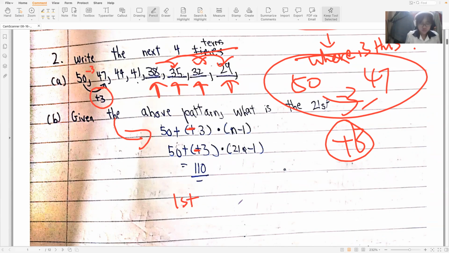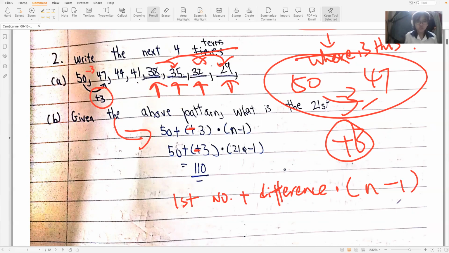First number plus the difference. So what's the difference in this case? Minus 3. Times n minus 1. Exactly. So the problem with this question is, the first number is 50. And then the difference in this case is actually minus 3.